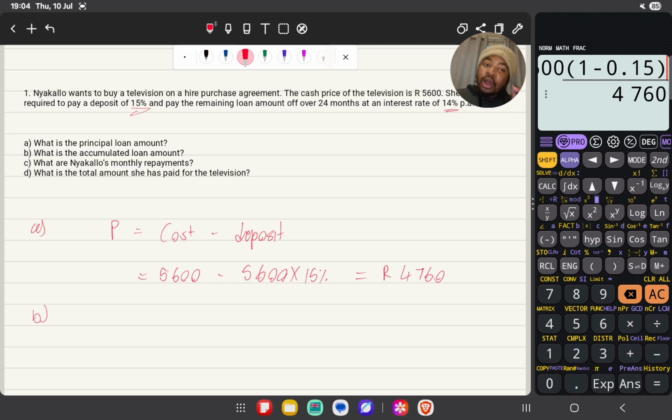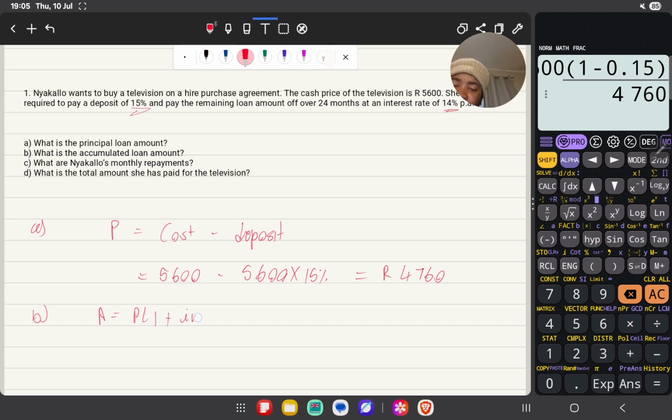We are calculating how much money you will be paying based on that value. It's not based on the 4,760. Your monthly installments, or monthly repayments, are going to come from how much 4,760 is worth in 2 years' time. That is why you calculate your accumulated amount.